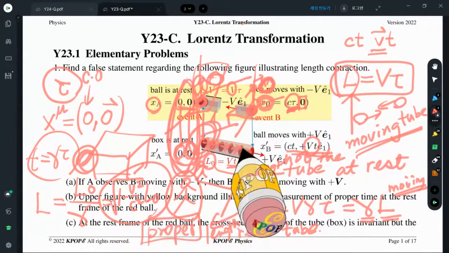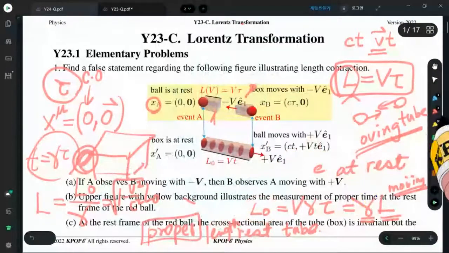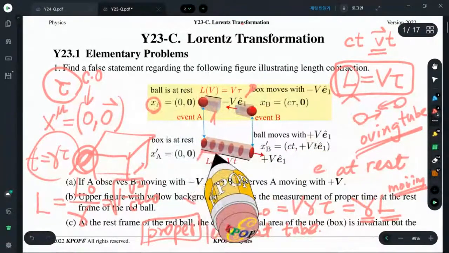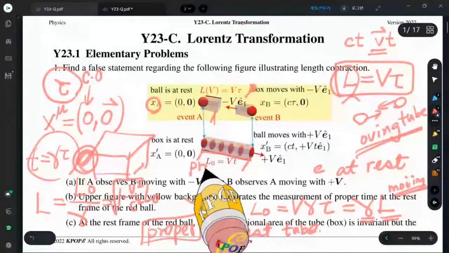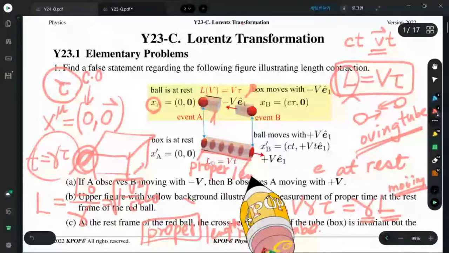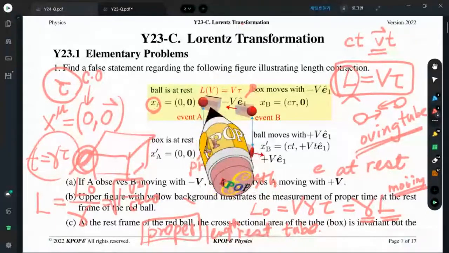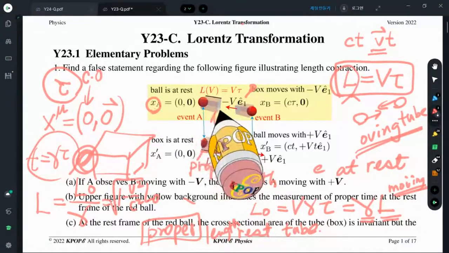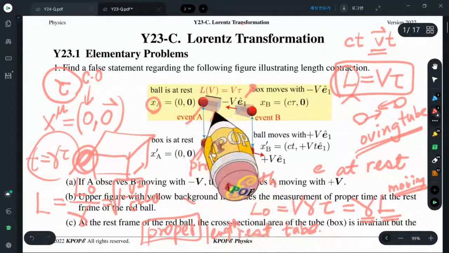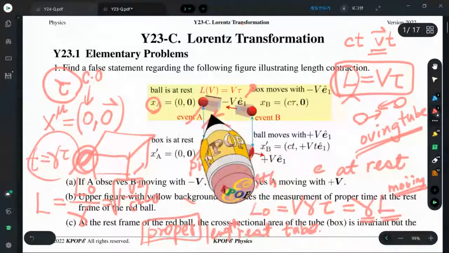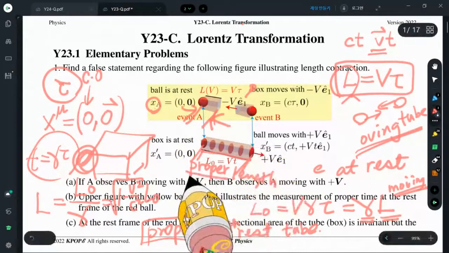That means moving tube is shorter. This is a rest tube. The proper length of the tube is this. And when you see the tube moving, it is shorter than the original length measured at rest.